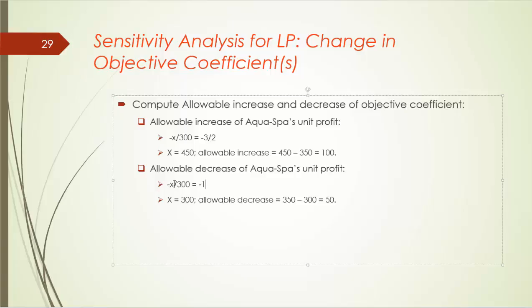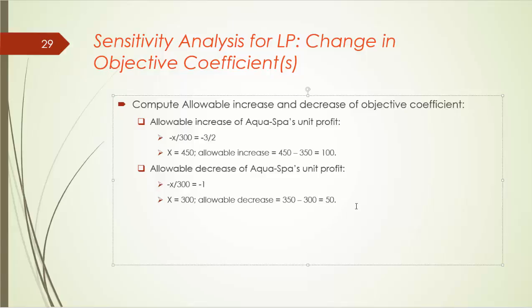So we have negative X over 300 equals negative 1. Solve this equation, we get that X is equal to 300. So the allowable decrease for Aquaspar's unit profit is going to be equal to 350 minus 300, which is $50.